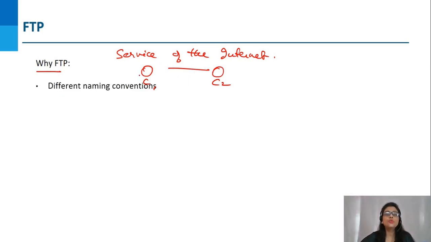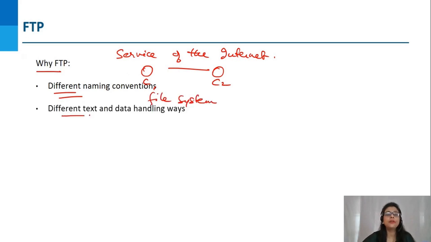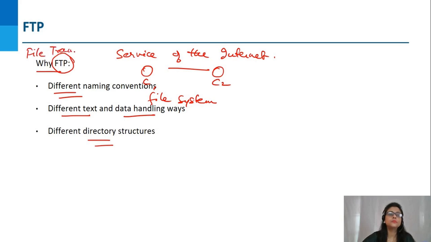Because the two computers may have different naming conventions, like naming the files. They may have different text handling and data handling capabilities, and they may have different directory structures. So FTP or file transfer protocol is used to handle all these problems.